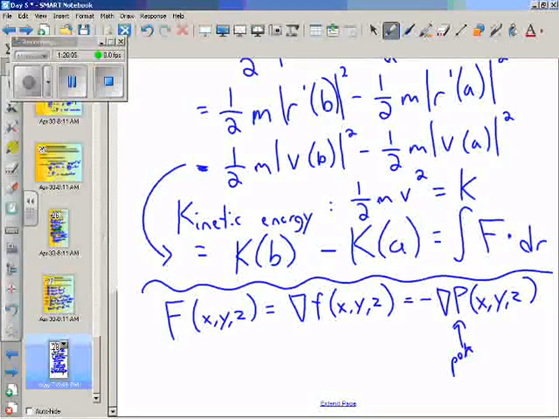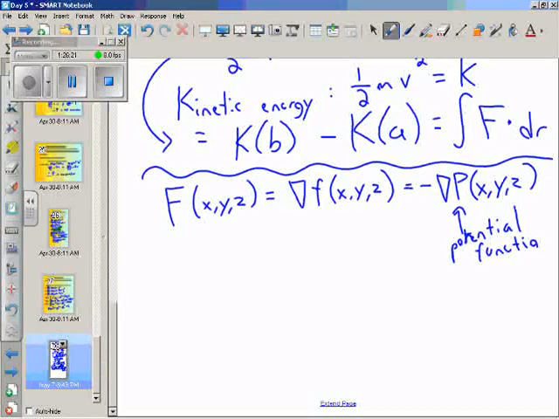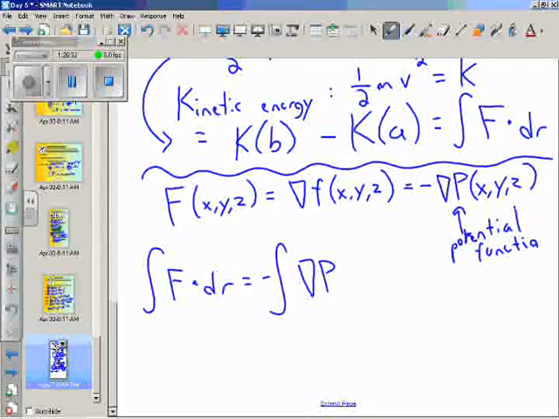That's from physics. It's defined as the negative of the function from which the gradient comes. And so then the integral of F dr is going to be the negative integral of the gradient of P dr.